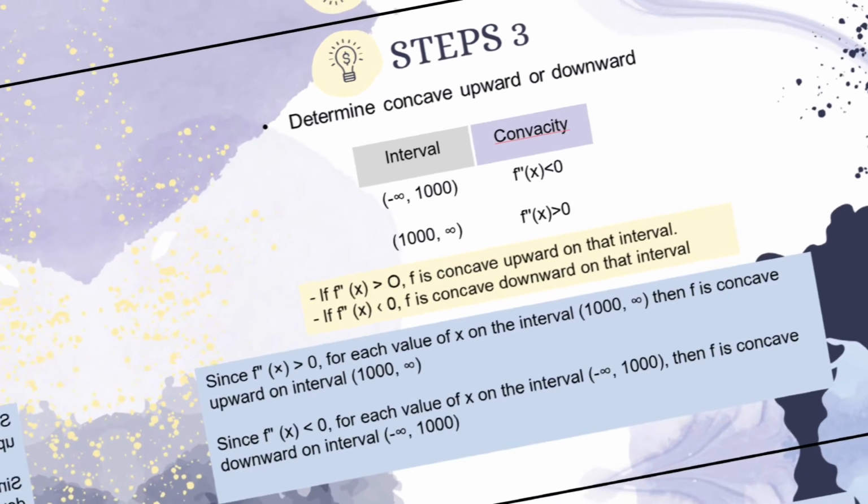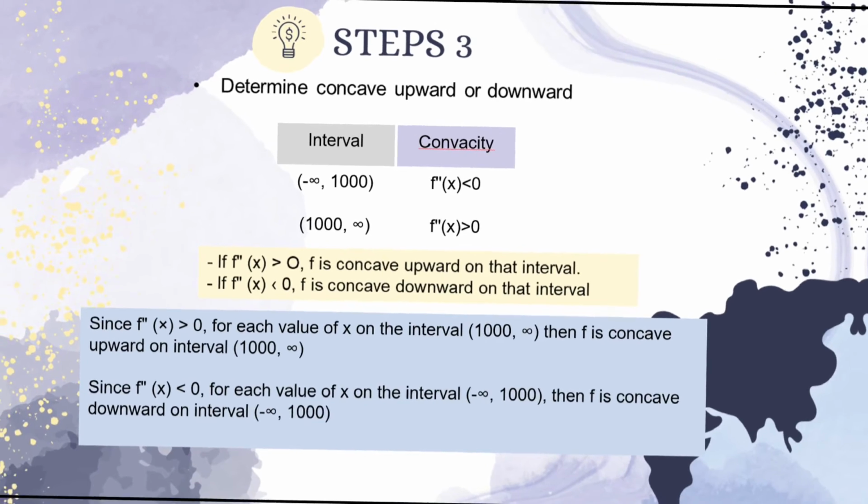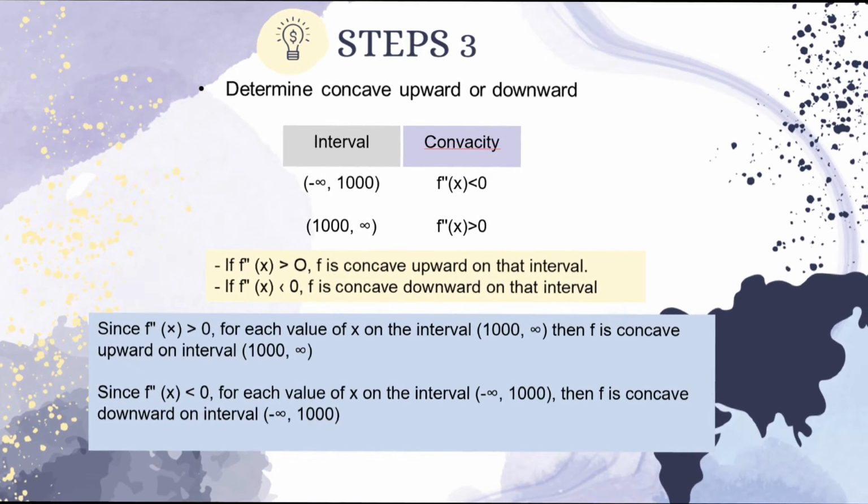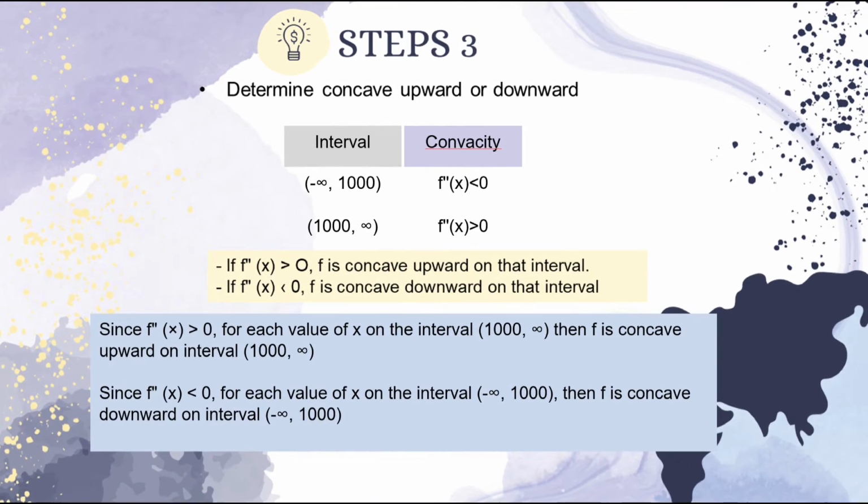So the third step to determine concave upward or downward is: if f double prime x is greater than 0, f is concave upward on the interval, while if f double prime x is less than 0, f is concave downward on that interval.